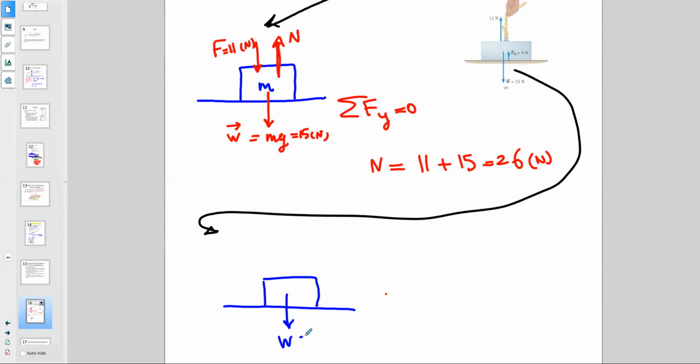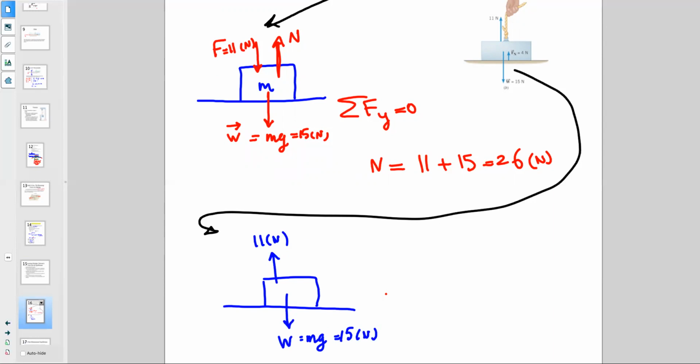So W, which is mg, which is 15 newtons, okay? And then I have a force of 11 newtons upward, because somebody's pulling it up with a rope.